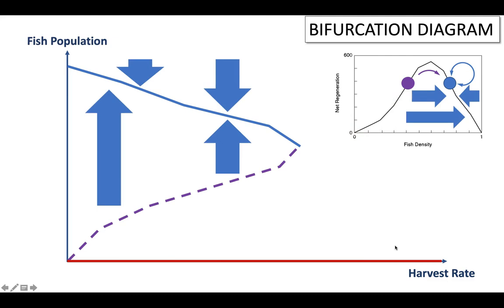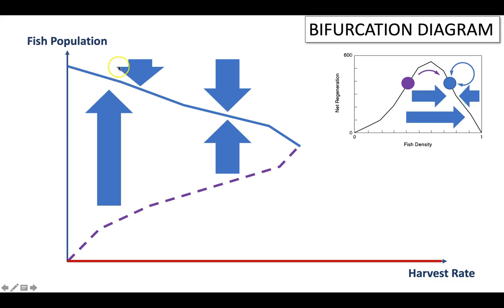So you can kind of think about, when I look at this plot, what does this tell me about where things will go in the long run for different initial conditions? Well, if I am at a harvest rate that's on the left-hand side of the plot here, so long as my initial fish population at that harvest rate is under this curve, which corresponds to being inside this curve here, then I will get growth, and the fish population will climb up to a steady state value that is non-zero.